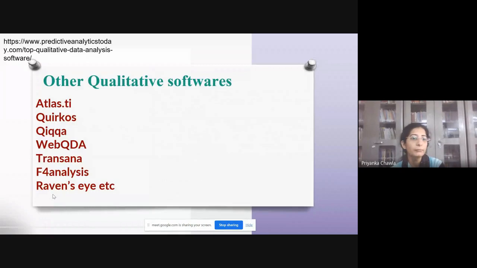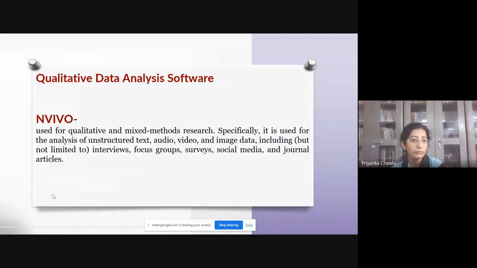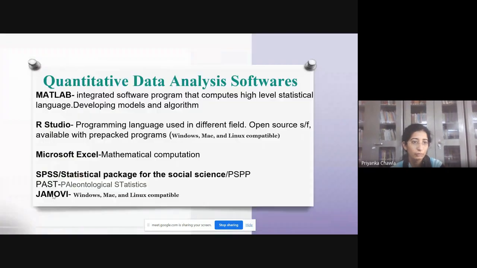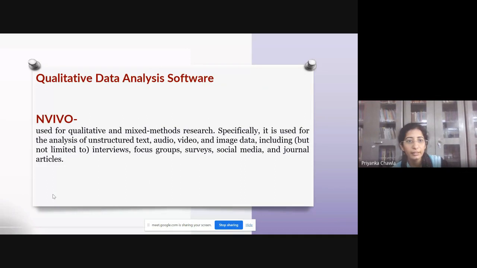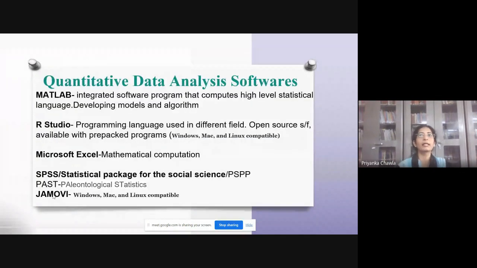Talking about some more software, MOS is there if we work in HR or marketing strategy.